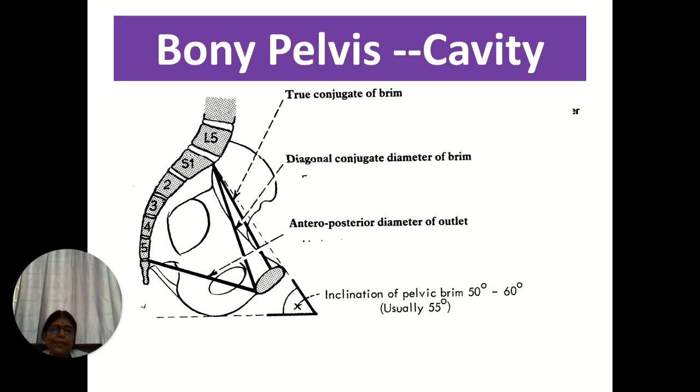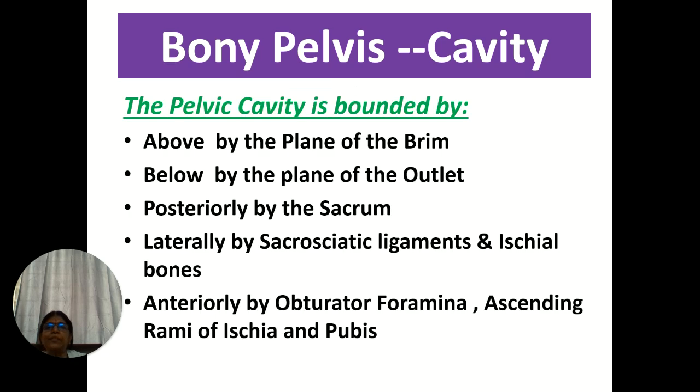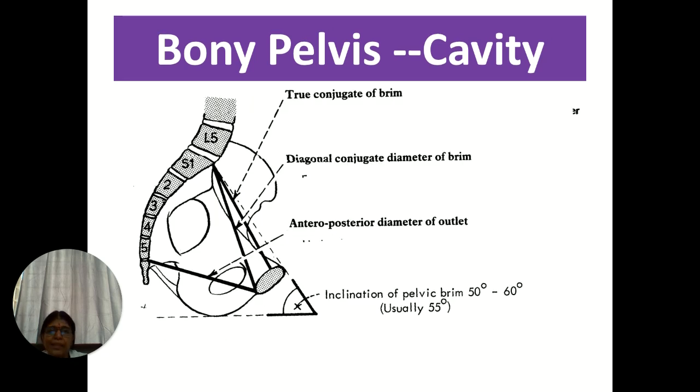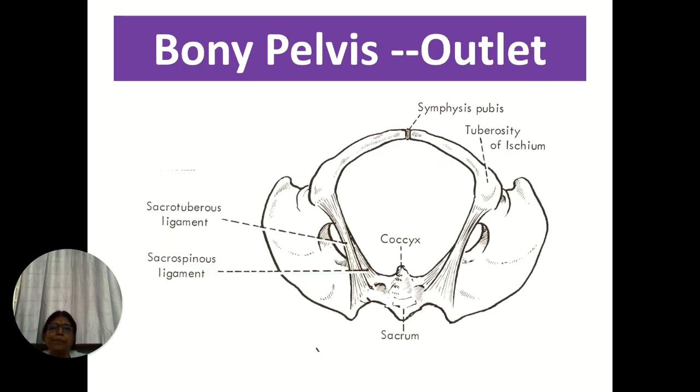The transverse diameter at the plane of least pelvic dimensions is otherwise also the interspinous distance, which is around 10 centimeters. And that is the reason why the fetus undergoes an internal rotation at the level of the ischial spines, because the transverse diameter is less than the antero-posterior diameter.